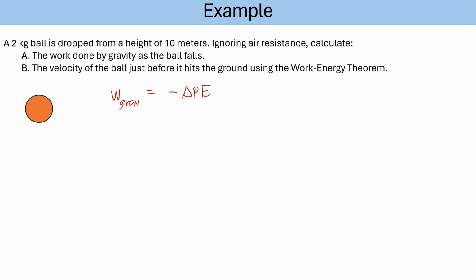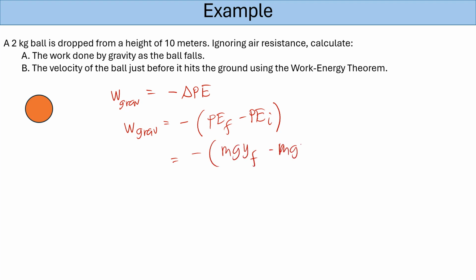So work due to gravity will become negative of PE final minus PE initial, or I can just write that as negative of mg yf minus mg yi.